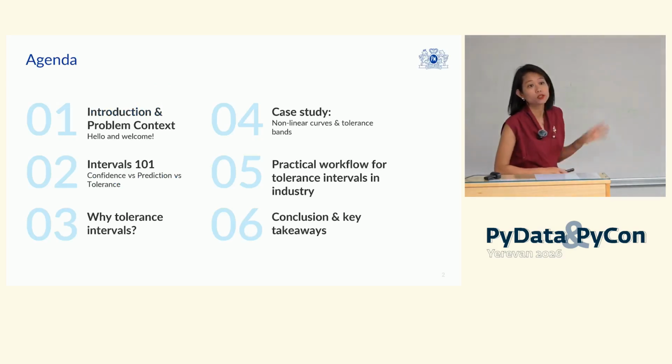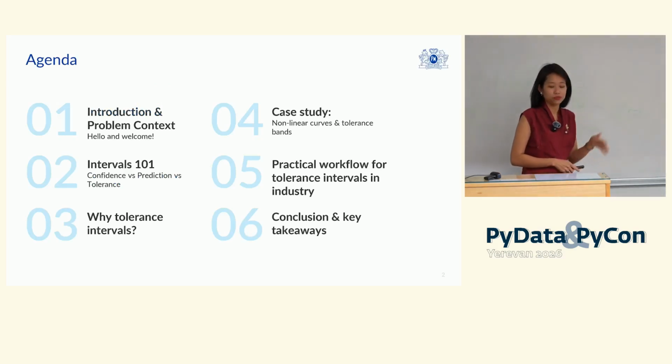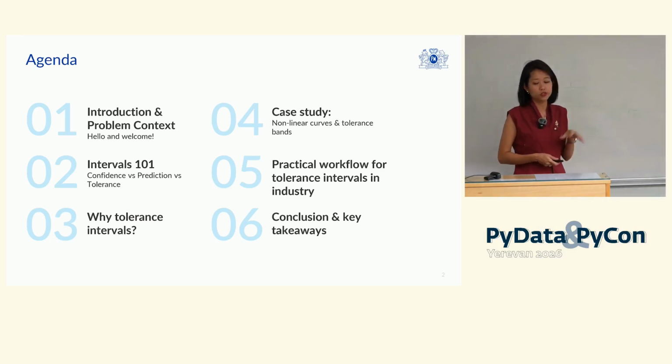Here I'm going to go through these stages. I will first come to the introduction part, giving you a bit of the problem context in the industry. Then we move to an introduction to intervals 101. We know three different kinds of intervals: confidence, prediction, and tolerance, and why we then end up choosing the tolerance interval.